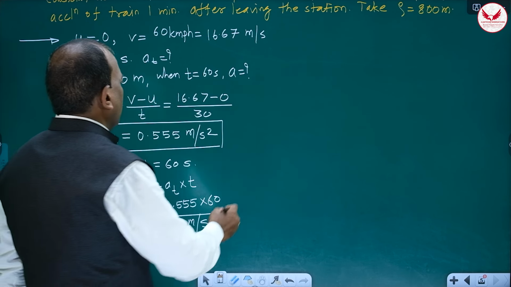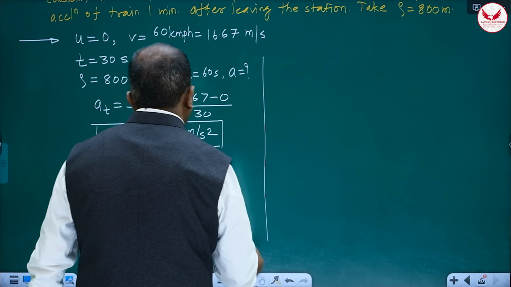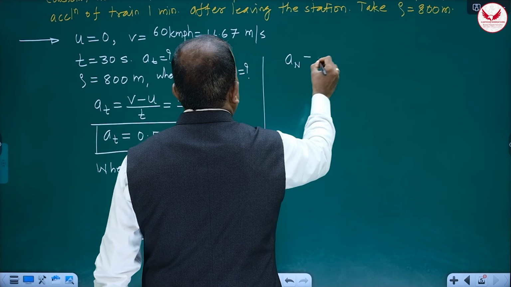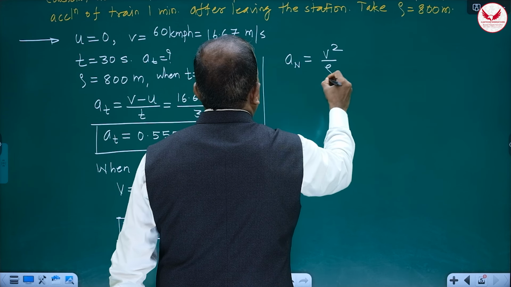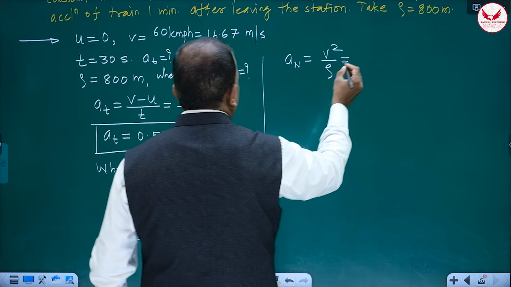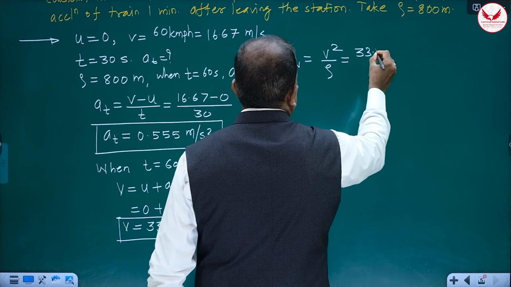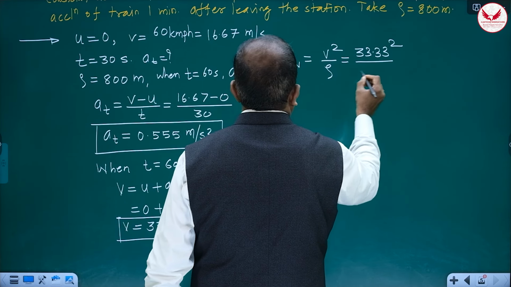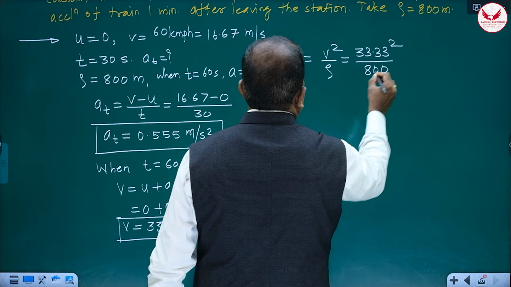And now for getting the total acceleration, we are having AT, we can have An, V square by rho, and V is 33.33 square, and rho is given, it is 800.